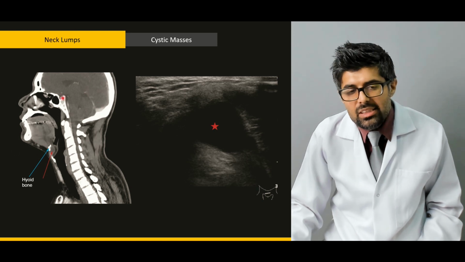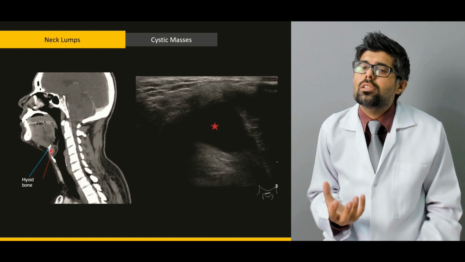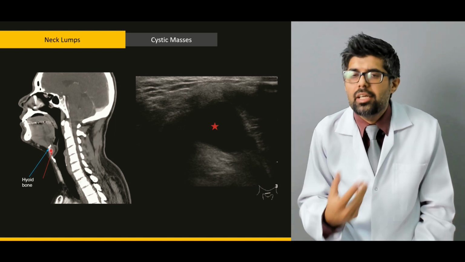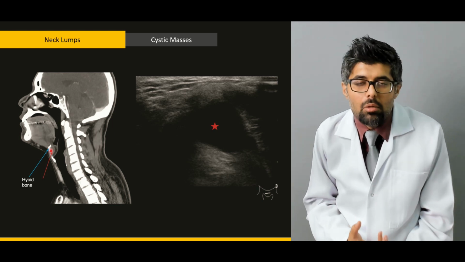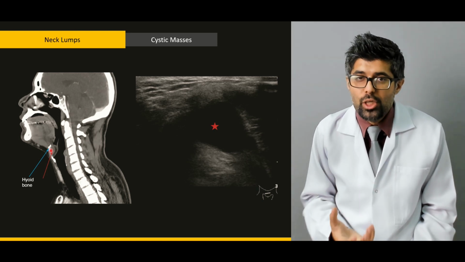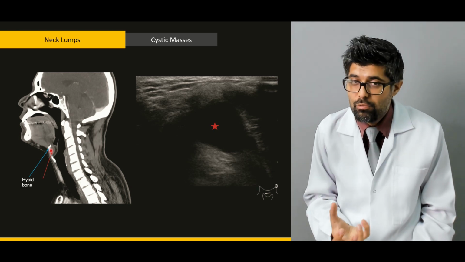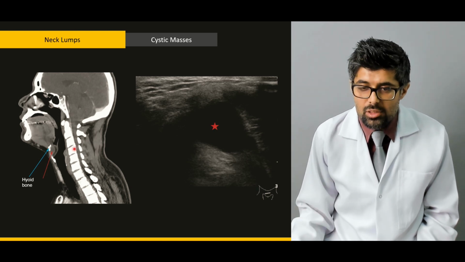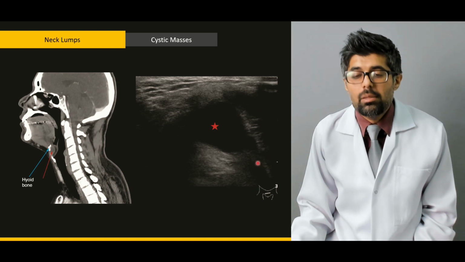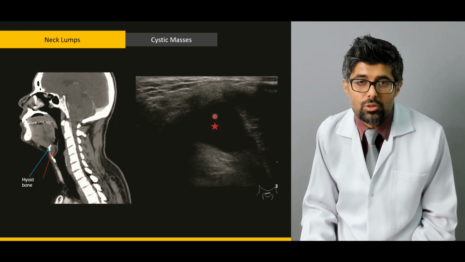Now this CT scan shows the thyroglossal cyst. A thyroglossal cyst is usually benign and it is congenital, but it might pose a threat, so we do need to have an imaging of it. We do need to have an appreciation of it. The second image shows the same thyroglossal cyst, but this is an ultrasound.